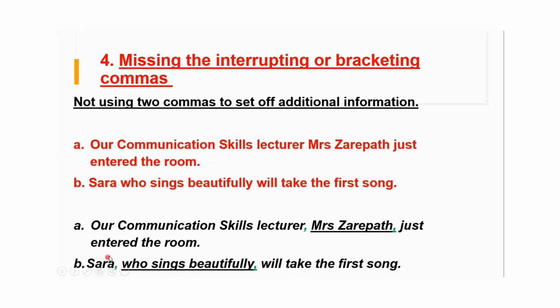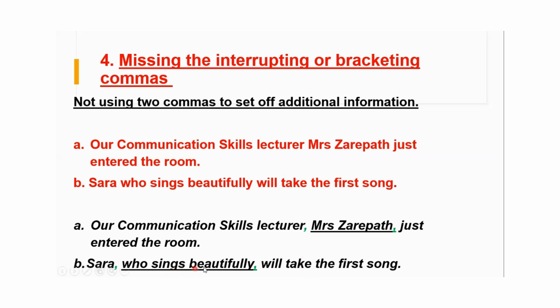So I could still say "our communication skills lecturer just entered the room" and the sentence will be correct. But Mrs. Zarapa is extra information, which may or may not be important to you. That's why I have to set it off with a comma before and after, because it can be lifted out. That's why it's called bracketing. So I'm telling you, this information which I've separated can be removed. It's just an extra.